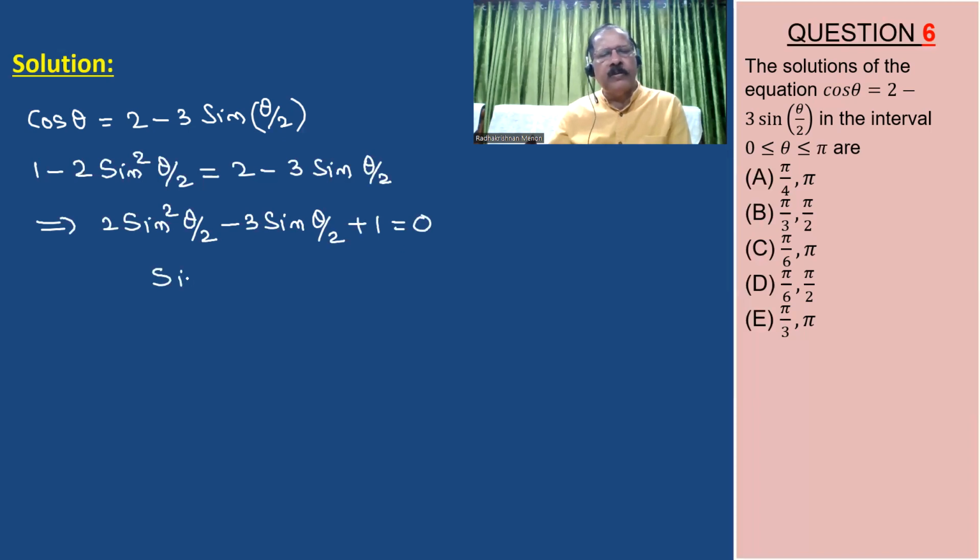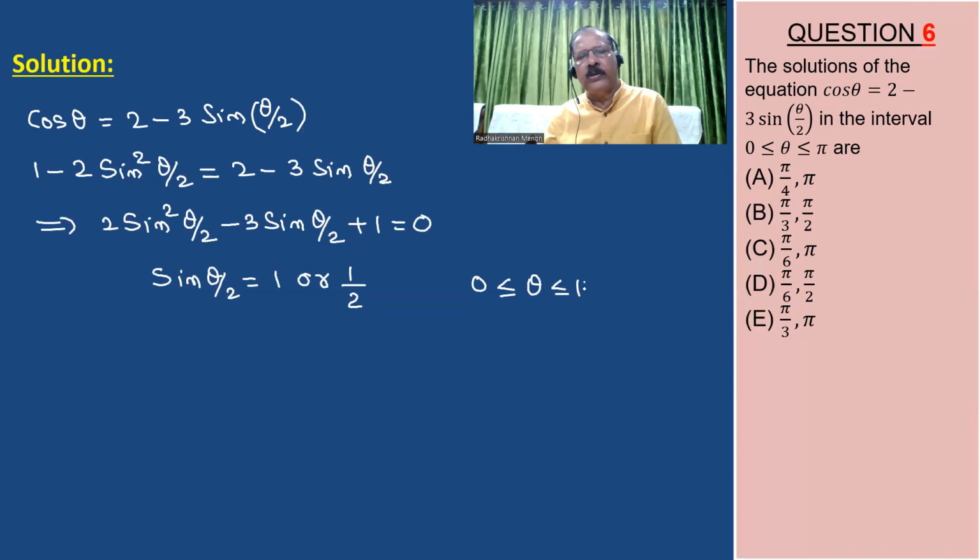When you solve it, you will be getting sin theta by 2 is equal to 1 or what? 1 by 2. Now, it is given that 0 less than or equal to theta less than or equal to pi. Okay. Let us find out values of theta.